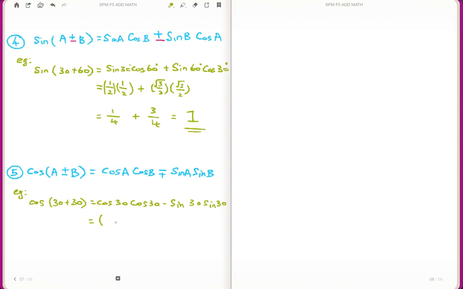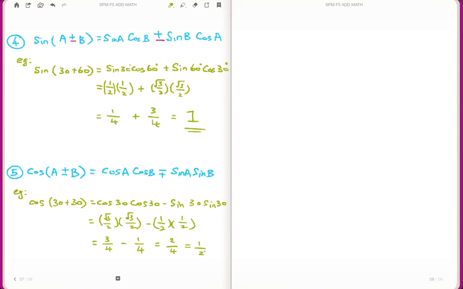Cos 30, based on the diagram or the table, is root 3 over 2. Sine 30 is 1 over 2. So this is 3 over 4 subtract 1 over 4. So 3 minus 1 is 2 over 4, which equals half.